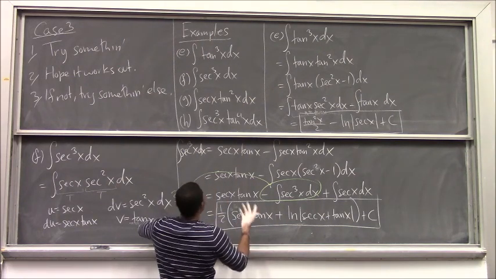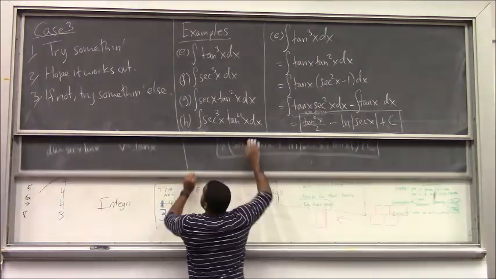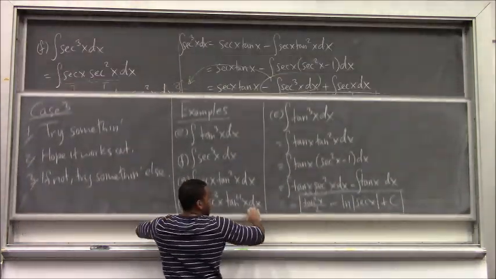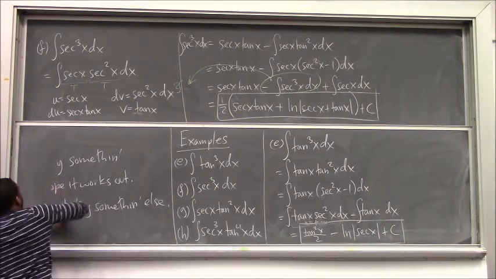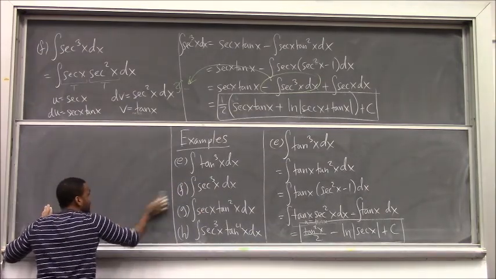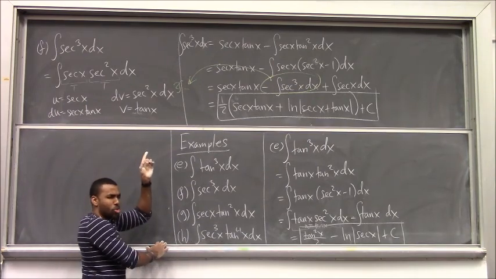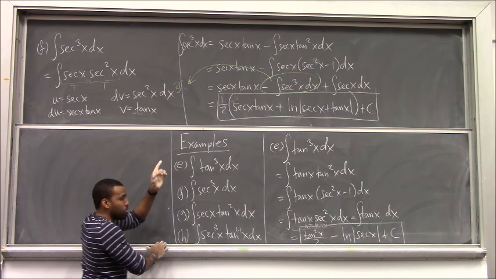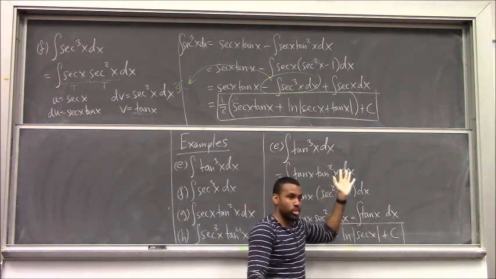Now, if you think that was surprising, here's the next surprising thing. It turns out that this integral actually shows up more often than you would think, to the point where it's highly recommended that this is now one of your basic rules.